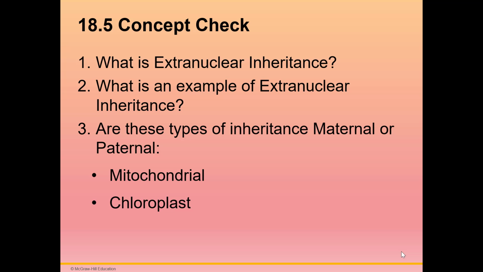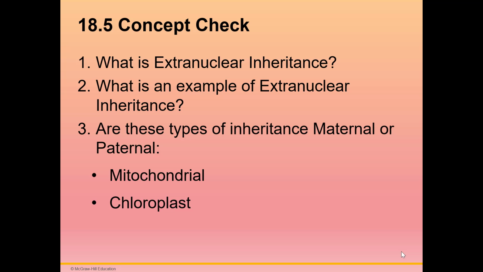The 4 o'clock plant is actually our example, where depending on what chloroplasts are present in the female version of the plant, it is going to determine what the offspring will be. So this would be inherited along maternal lines, and it's inheritance of the chloroplast DNA, the chloroplast genome.